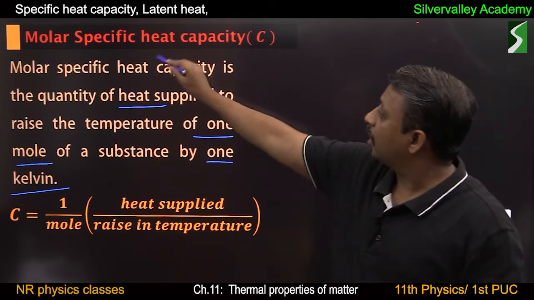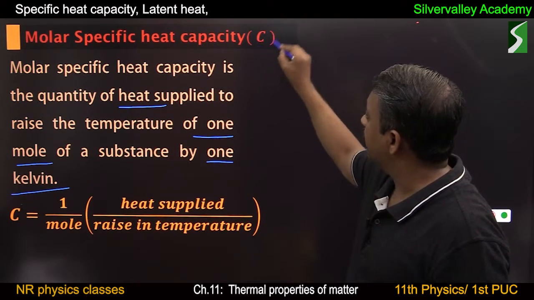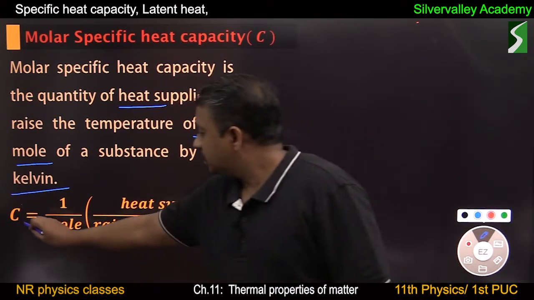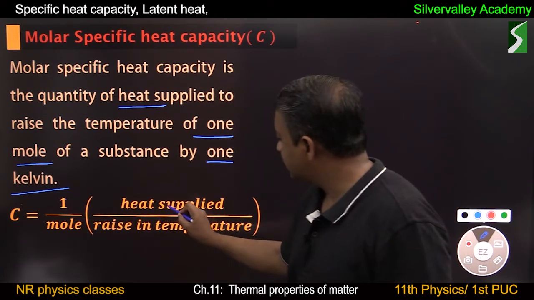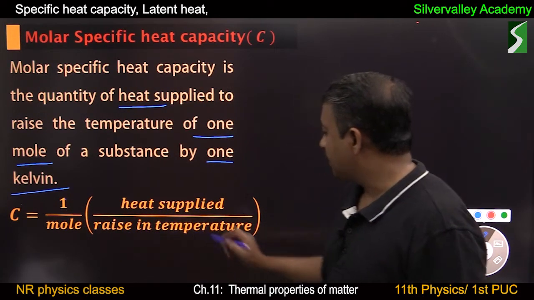Let us denote molar specific heat capacity by C. C is equal to 1 by mole, heat supplied by rise in temperature.